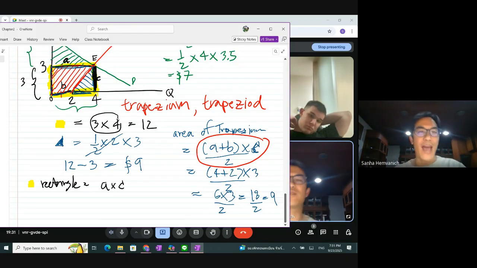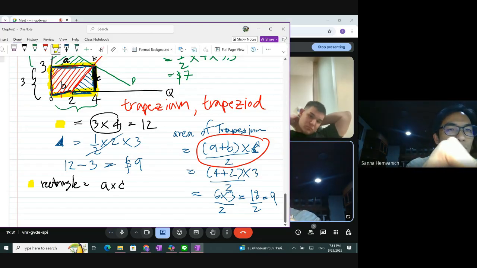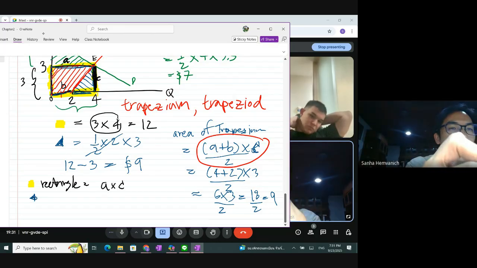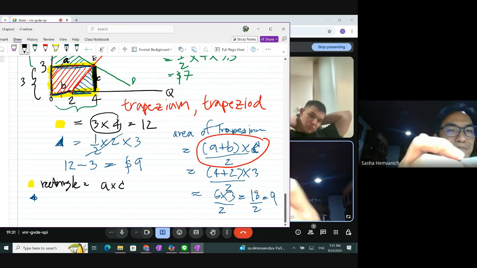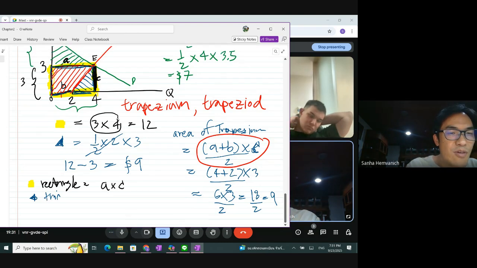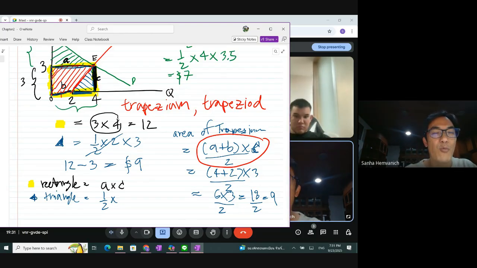What about the triangle? So the blue triangle. Now instead of numbers, we're using symbols instead. Triangle, right? So it's 1/2 multiplied by the base of this triangle, which is here, but we don't have a number for that.